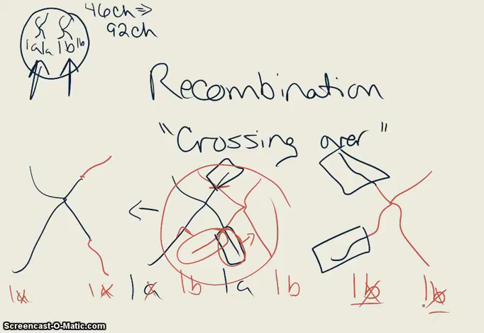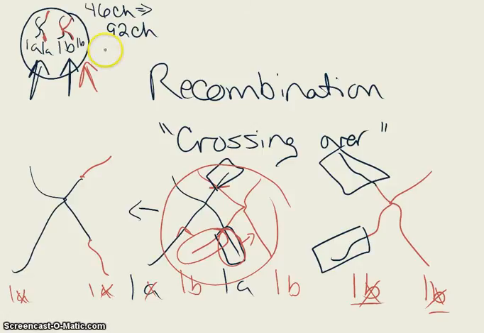They still have the same genes, but the alleles are different. So now if we go back to our original cell up here, after recombination, what we really have is this situation here. Okay, so our chromosomes are no longer identical.